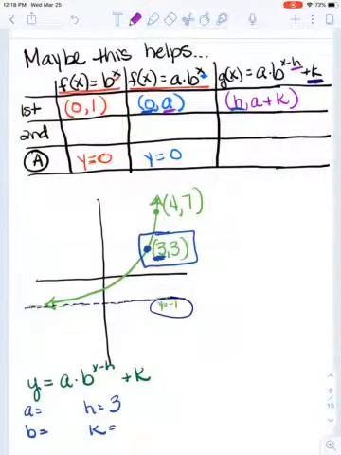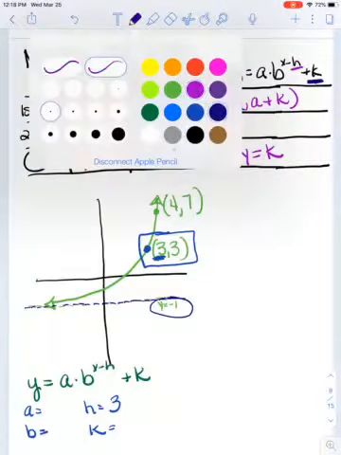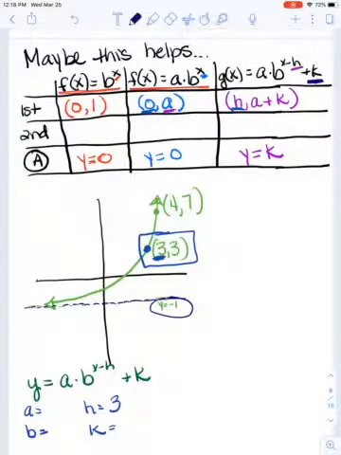But what happens if you move it up or down? y equals k becomes your new asymptote. So back here in my equation, I moved it down 1, so k is -1. So yay, I have 2 pieces of my equation already figured out.